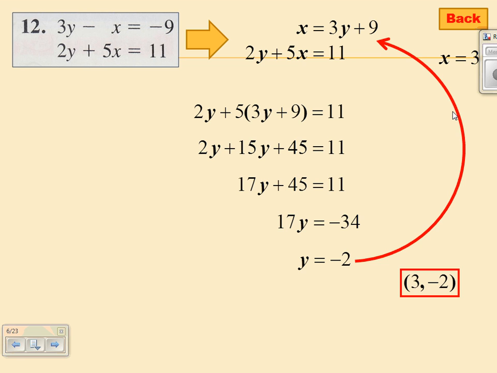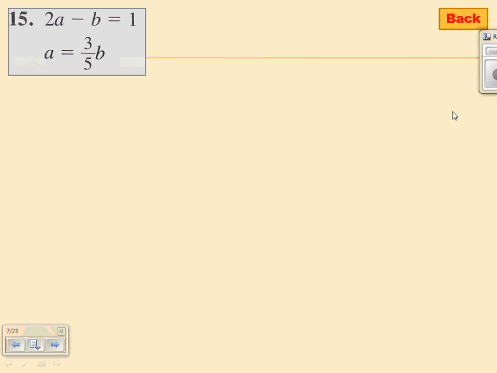Number 15. For this particular problem, I actually want to substitute in immediately a equals 3/5 b in the top equation. Therefore, I get 2 times 3/5 b minus b equals 1.